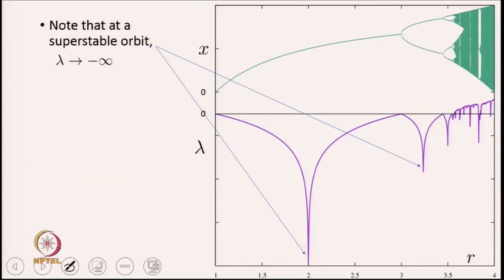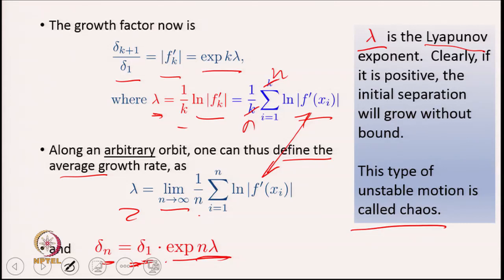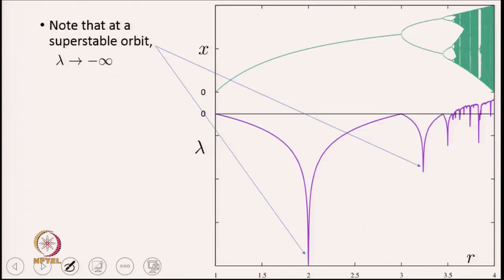The Lyapunov exponent can be calculated for the logistic map using exactly this formula that we have over here. So, at any value of r, you iterate the map. You start with some arbitrary initial point, you keep iterating the map, calculating the slope as you are going along, take the logarithm, average it out over the entire map, and we plot it as a function of r.